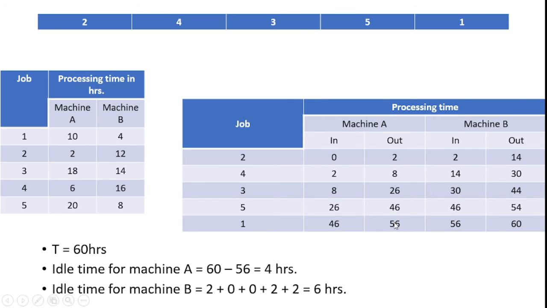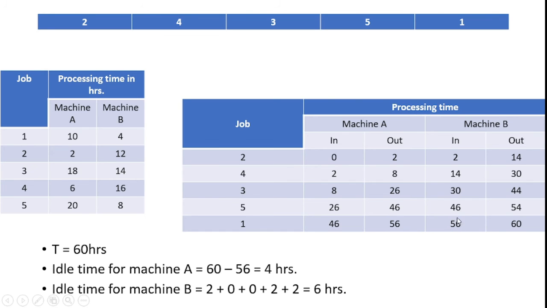Now I can compare this 56 with the machine B completed time. The machine B completed time is 54. So I can't load the job 1 at 54th hour of machine B, because job 1 is running on machine A. So machine B is waiting for job completion with the machine A. So up to the 56th hour, from 54th hour, machine B is waiting for job 1.